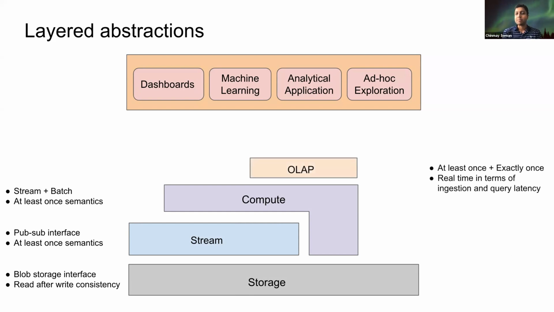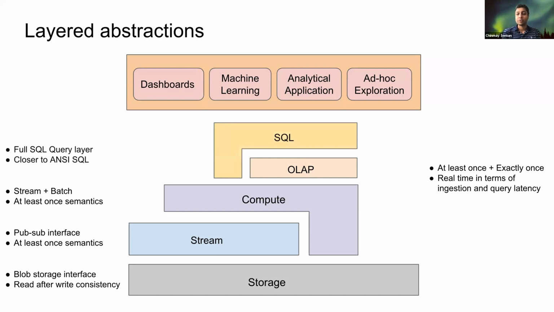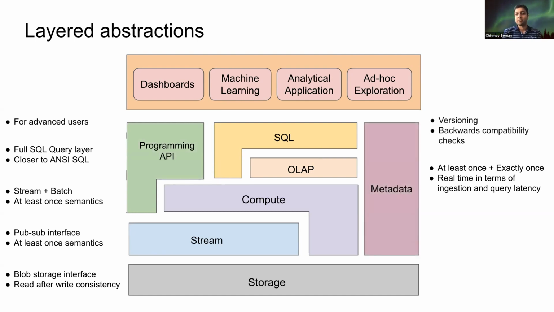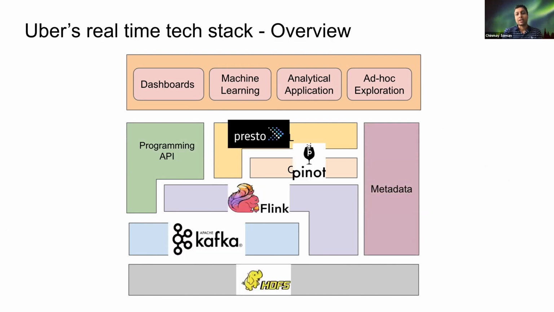We need an OLAP or online analytical processing layer to support high QPS, low latency analytical queries. In addition, we need a SQL layer for ease of use and query flexibility, which can work with both compute and OLAP. We also need a programming API layer for advanced users. And finally, we need a metadata layer for all these other layers. This abstraction model gives us the flexibility to choose the most efficient strategy for solving any given problem.